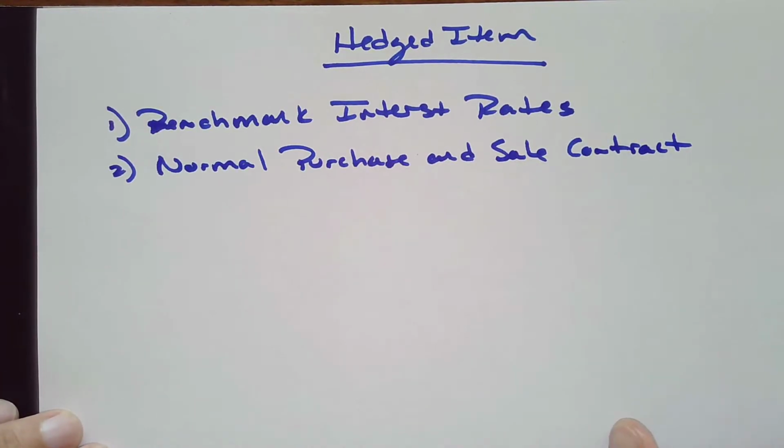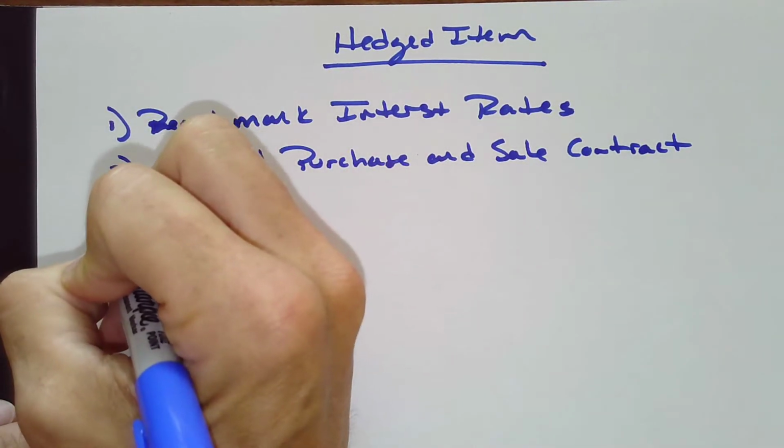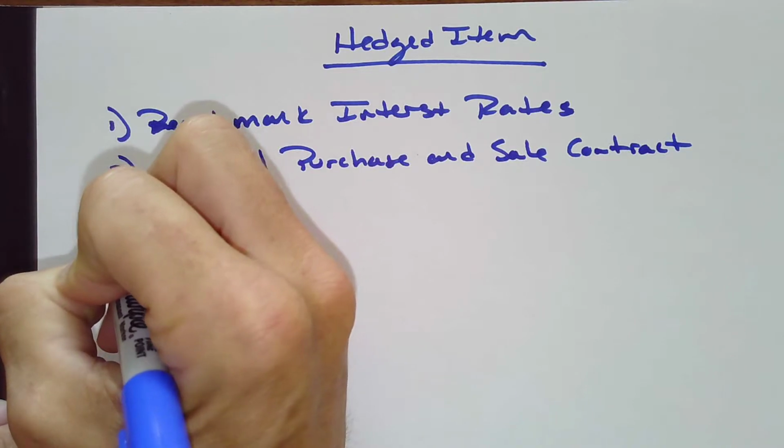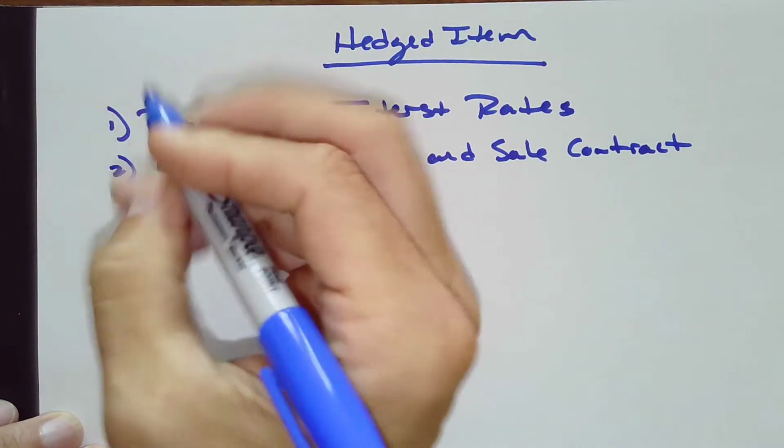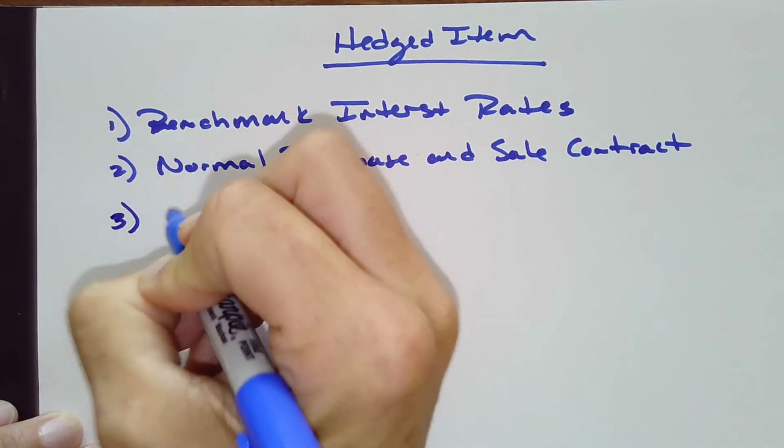When we start thinking about other kinds of things, different items such as firm commitments, different single assets or portfolio of assets, different commodity prices.